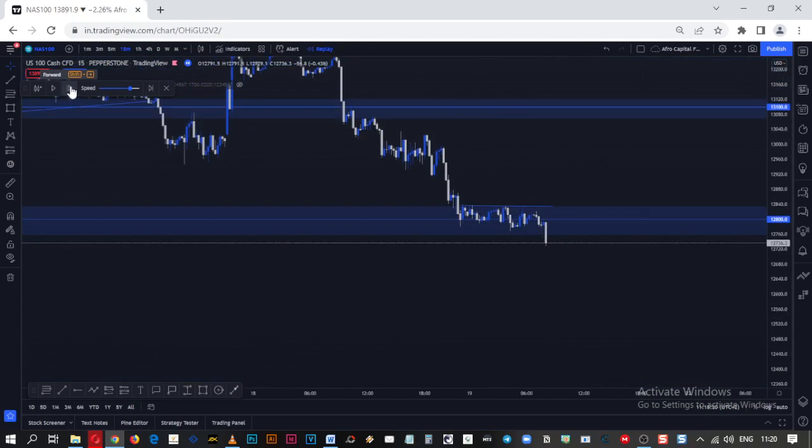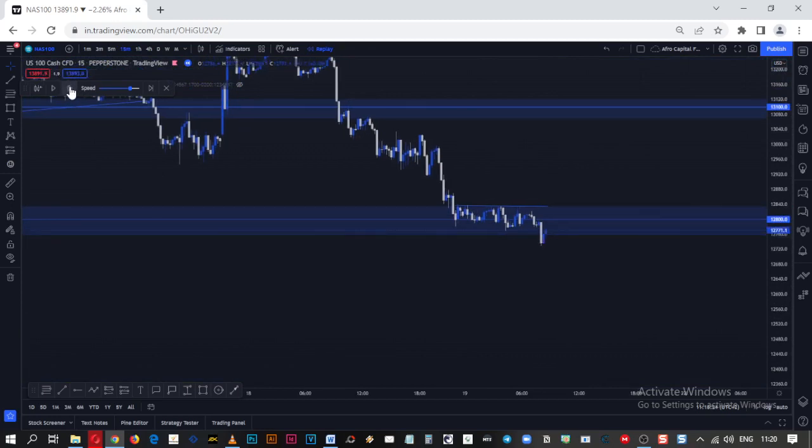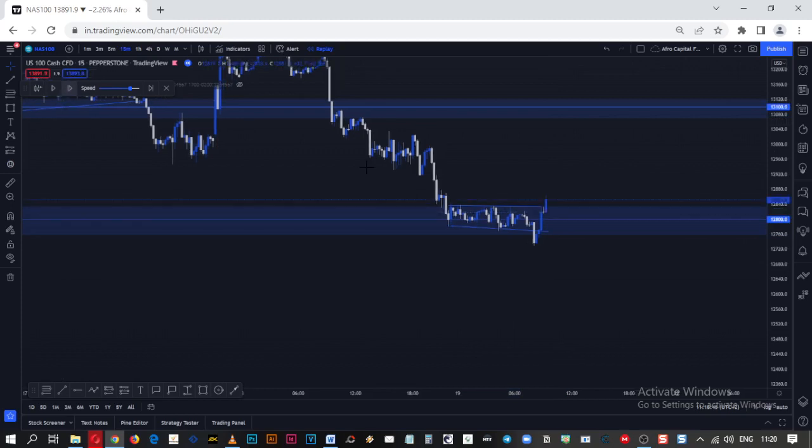Give it some time for a sign of a retest. Let's see what happened. That was a huge fake out, man. Huge. Or was it a fake out? That's the market play. It's exactly a fake out.